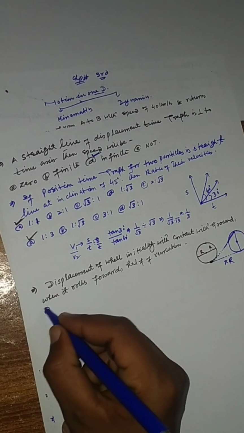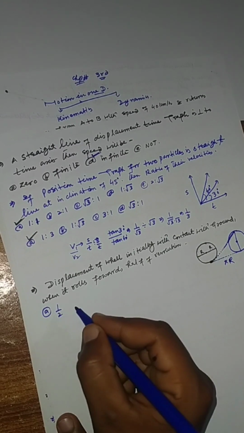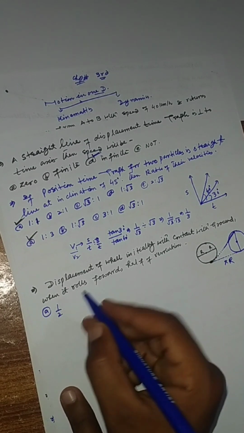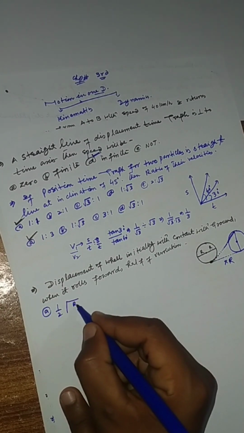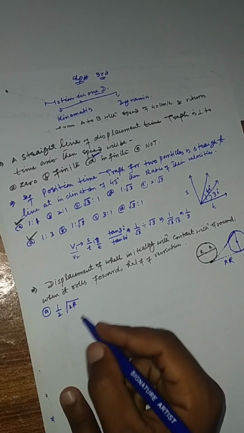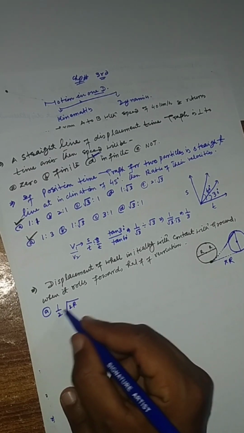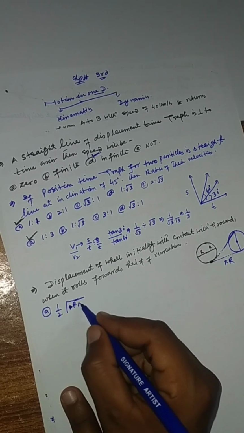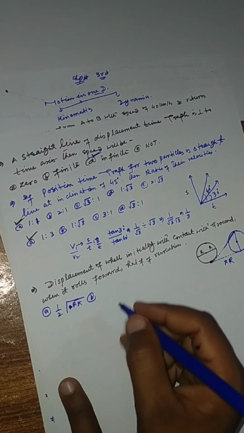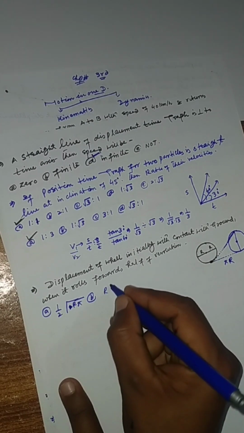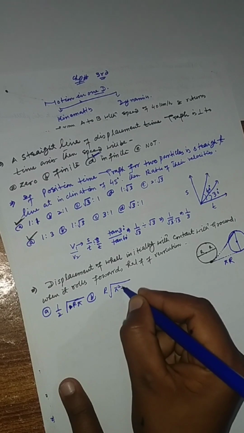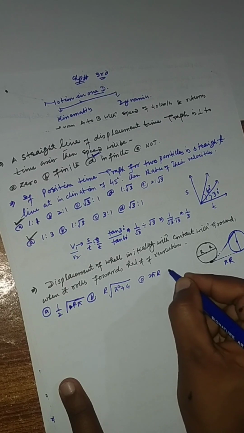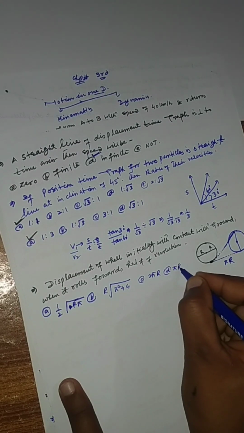Let's say options are: 1 over 2 r, 2r, but 1 over 2 r into pi, or option B, r under root pi square plus 4, or we may say 2 pi r, or pi into r.